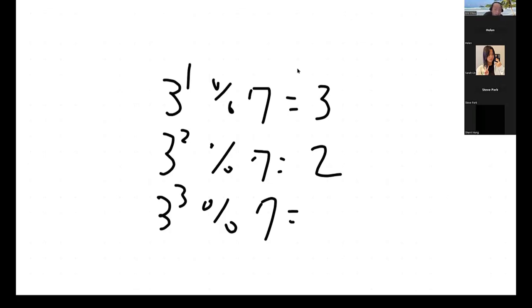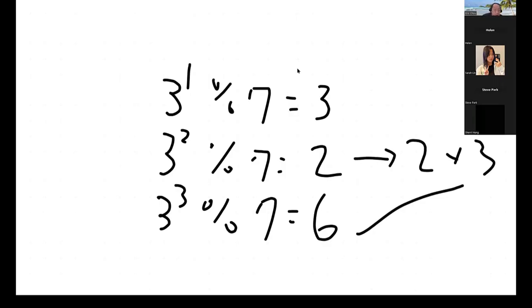Six. How can you get this quickly? 3 to the power of 3 is 27, and then mod 7, just divide by 7 and take the remainder. So 27 minus 21 is 6. A better way is that the previous one is already 2, so you have 2 times 3, you get 6.